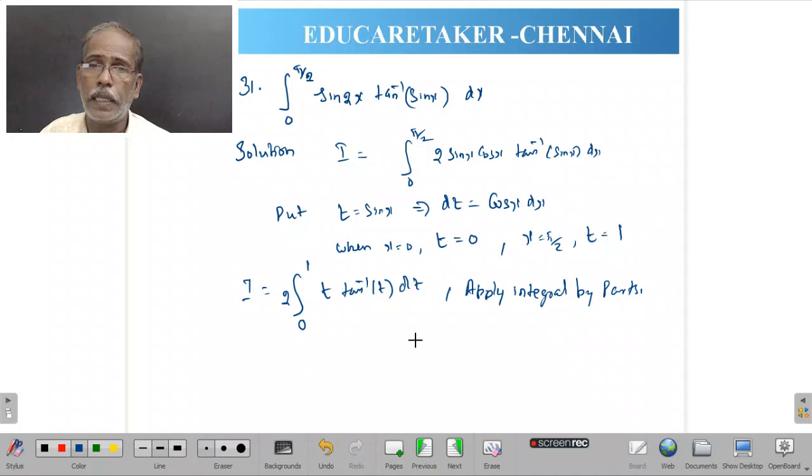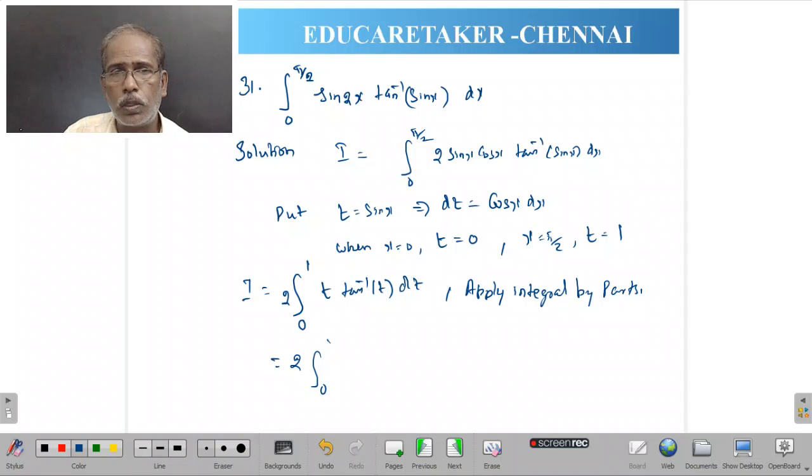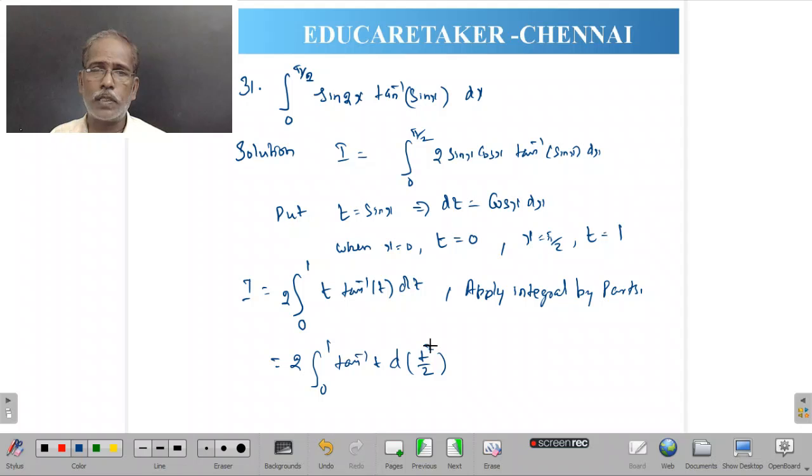In order to apply integral by parts, tan inverse of t is the first function and t is the second function, then 2 times the integral from 0 to 1 of tan inverse of t and d of t square by 2. Actually, what is the derivative of t square by 2? t dt. This is of the form u dv.